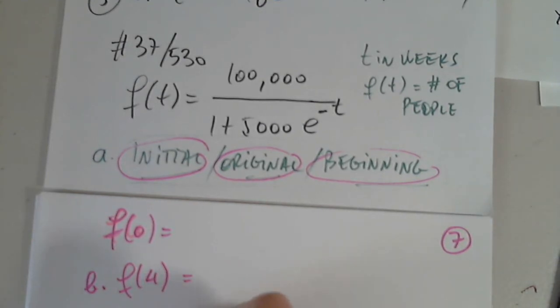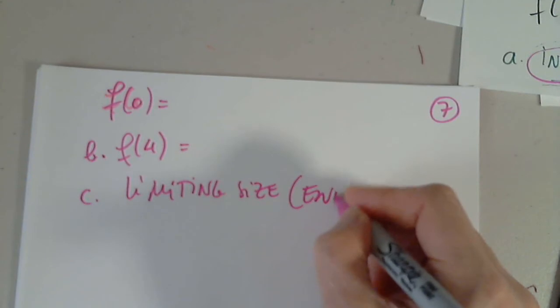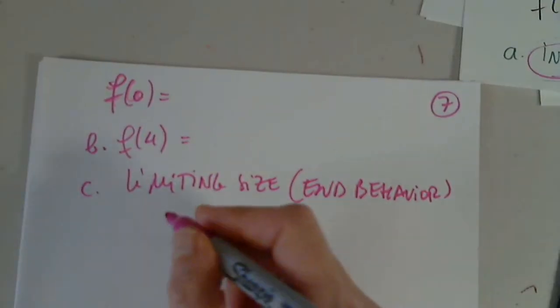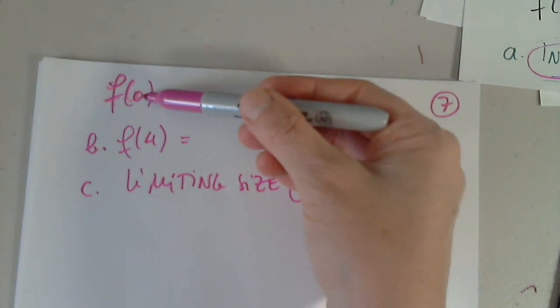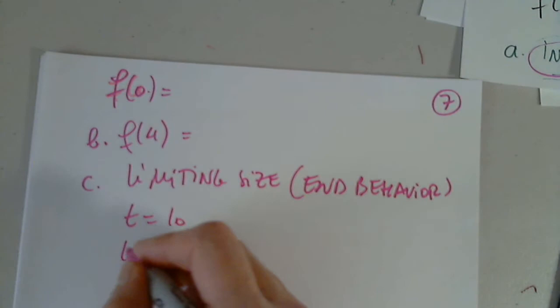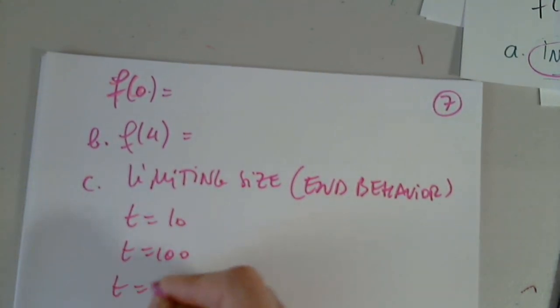So by limiting size, we really want the end behavior. In other words, I was asked to find f of 0, f of 4. I'm going to move on to t equals 10, t equals 100, t equals 1,000, and see what happens. Of course, we cannot do this by hand.